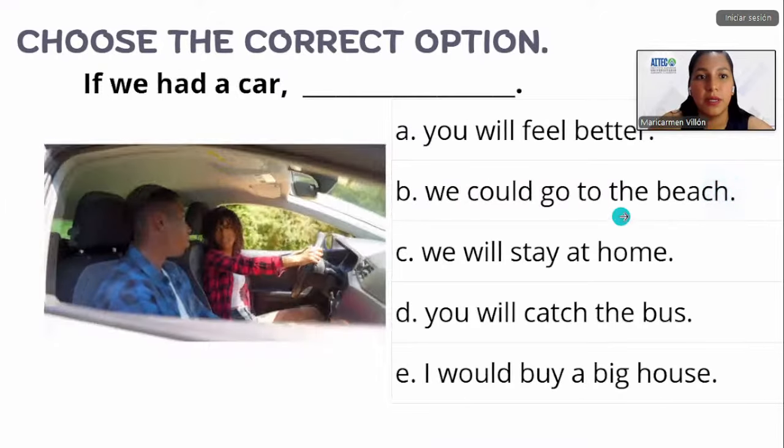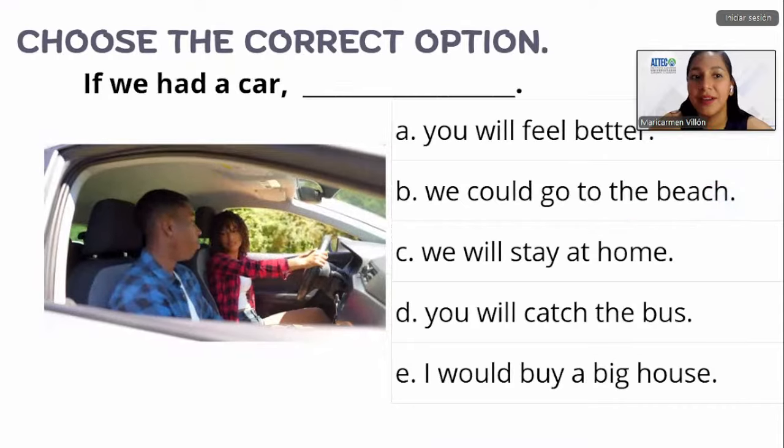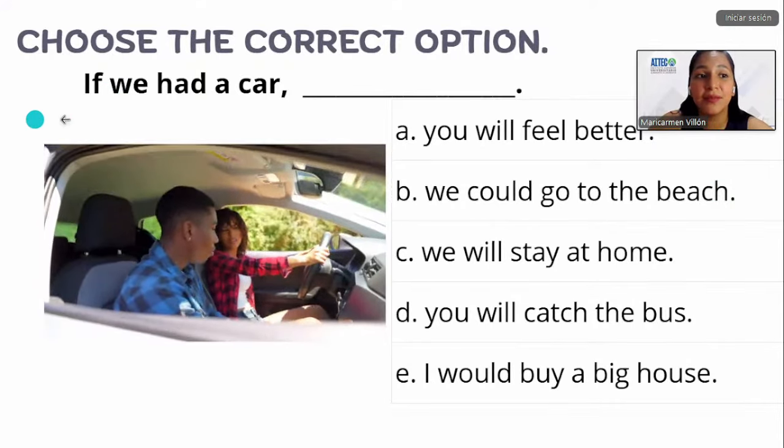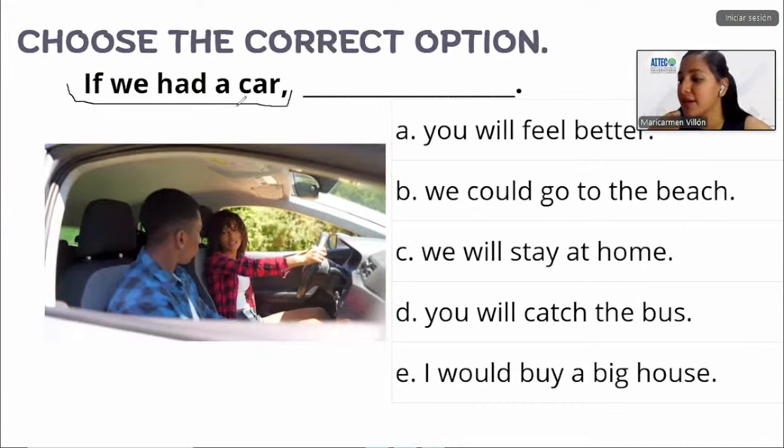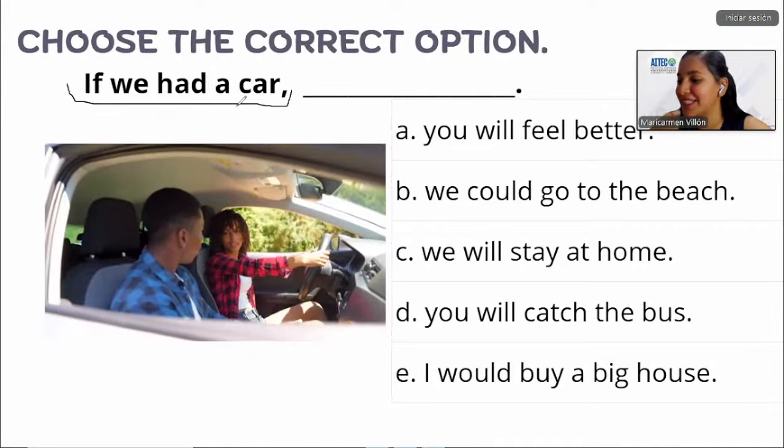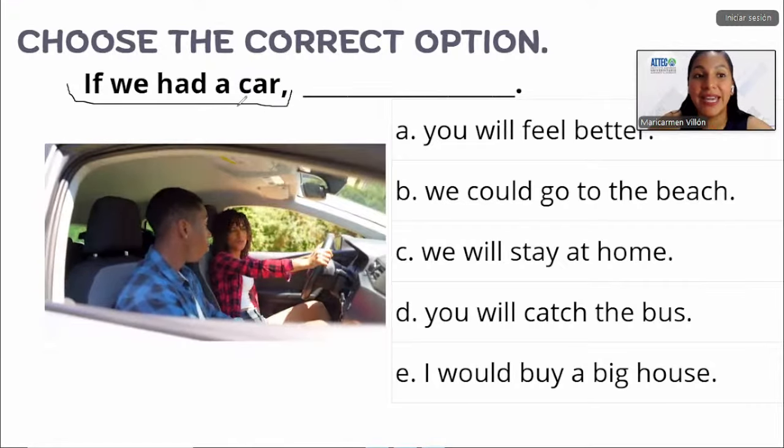Next one. If we had a car. Oh, fíjense aquí. If we had a car. Excellent, Denise. Fíjense. Si nosotros, ese verbo no está en presente. Yo diría que este verbo está en verb in past. ¿Qué condicional? Perdón. If we had a car.